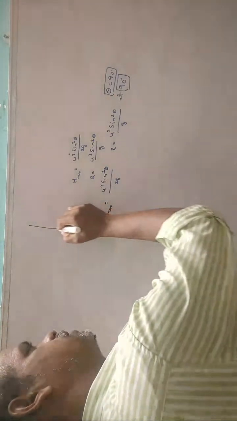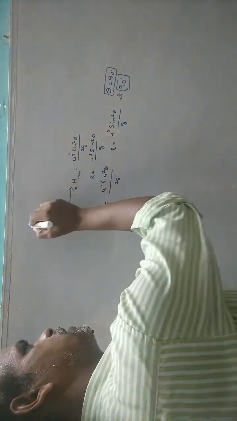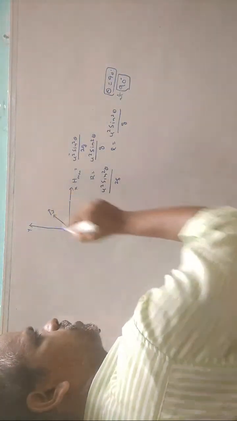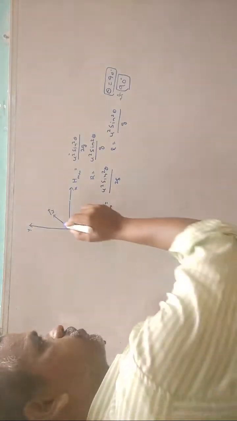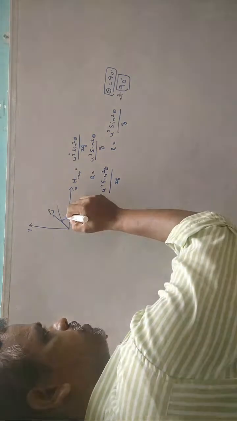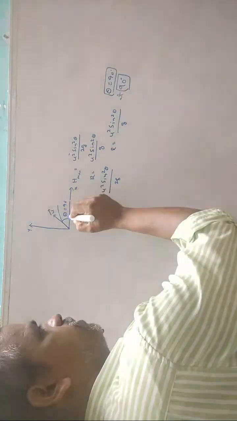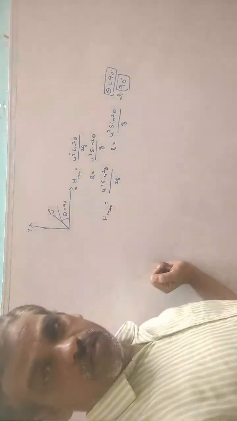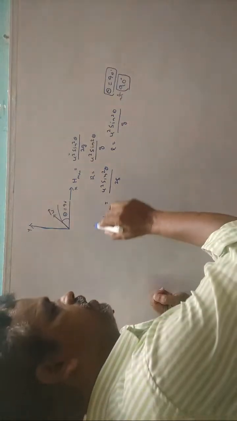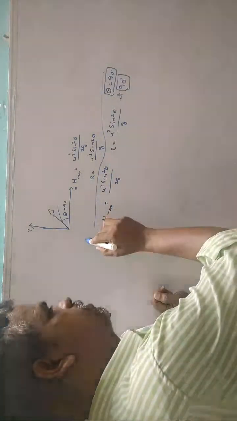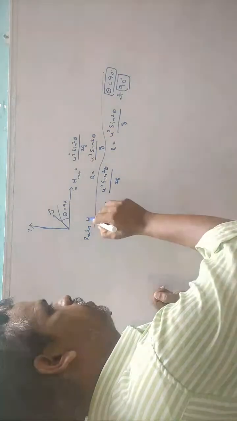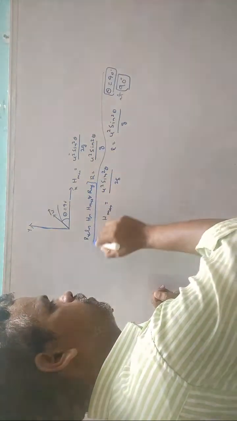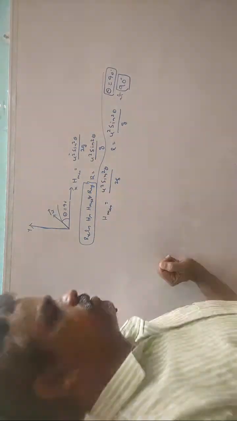That means, like this is the x-axis, this will become the y-axis. This is the initial velocity direction, making angle theta. If it is 90, the body will go like this. Is it or not? Yes. So the relation between h max and range, what is that?